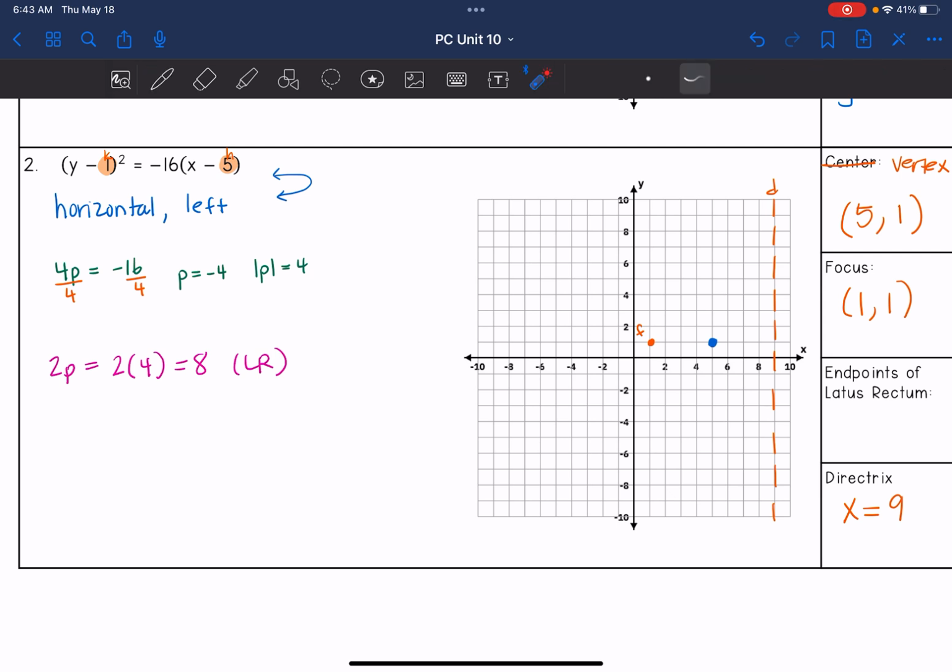From our focus, we need to move 8 in both directions. But since we know our parabola is going to open something like that, we need to go 8 up and 8 down. So 1, 2, 3, 4, 5, 6, 7, 8. So here. And then the other way, 1, 2, 3, 4, 5, 6, 7, 8.